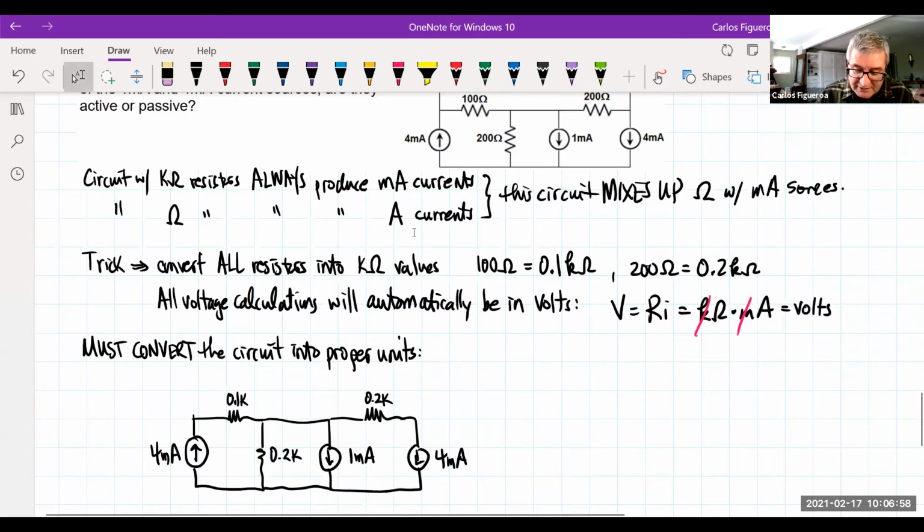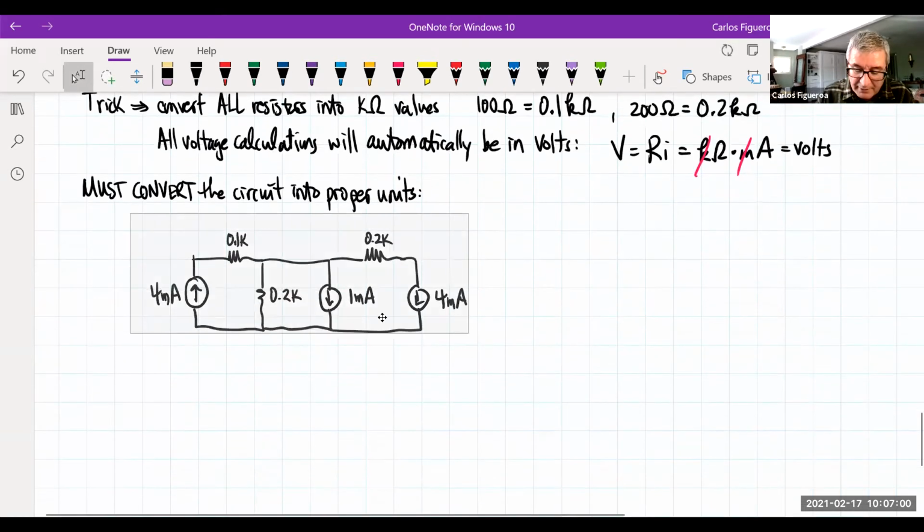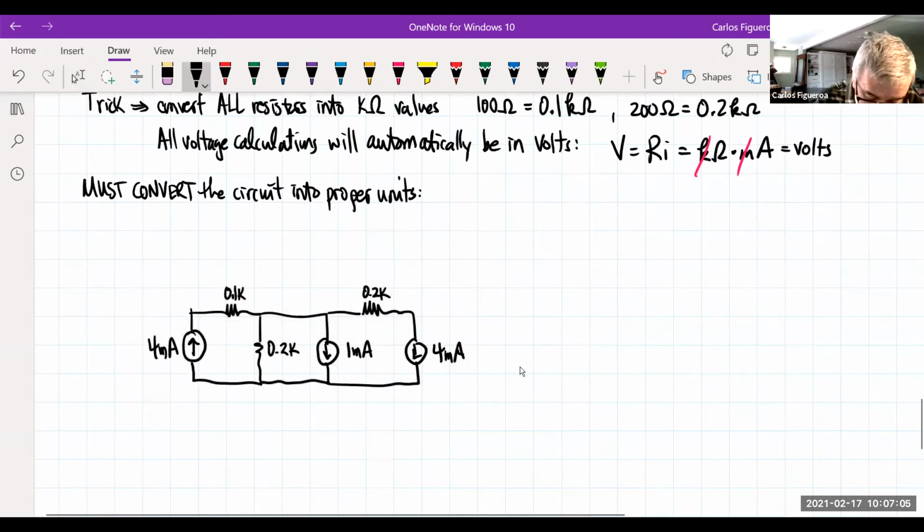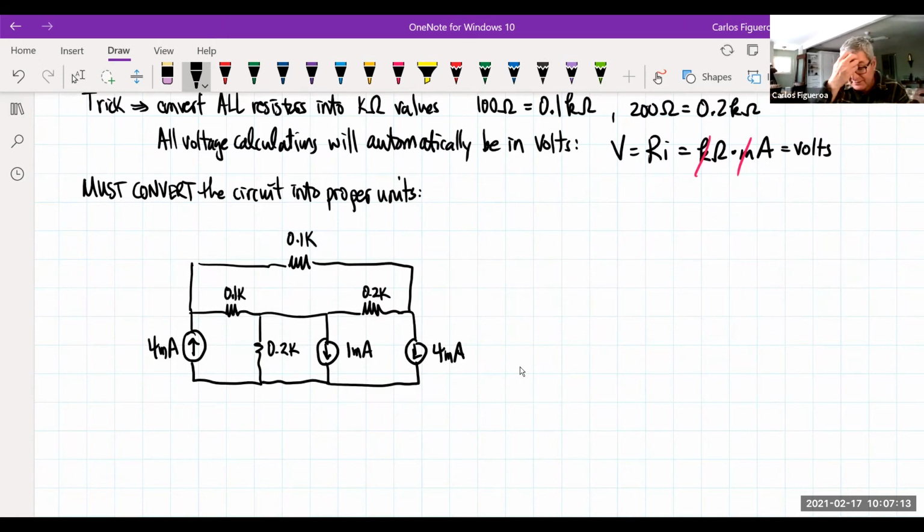I actually have to bring this down a little bit because I have one more resistor. So if I look at my next resistor, it's going to be right here, and it looks like this.